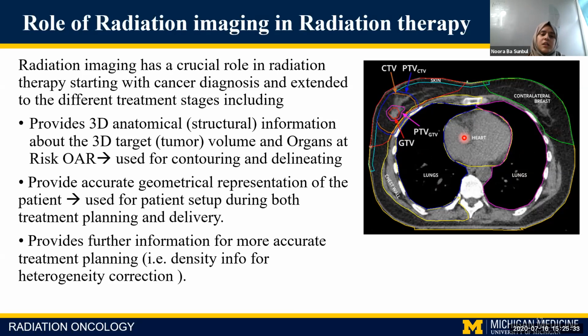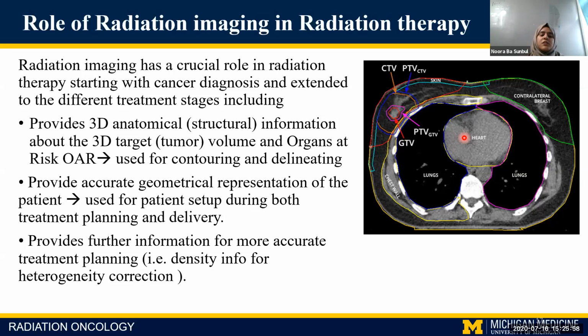So it's the first step to start the treatment planning with. And then the next step is to provide an accurate geometrical representation. With the aid of imaging, we were able to determine where the position of the patient would be, and also whether or not that position would be reproducible, and we try to make it exactly the same as the treatment planning position as much as possible.